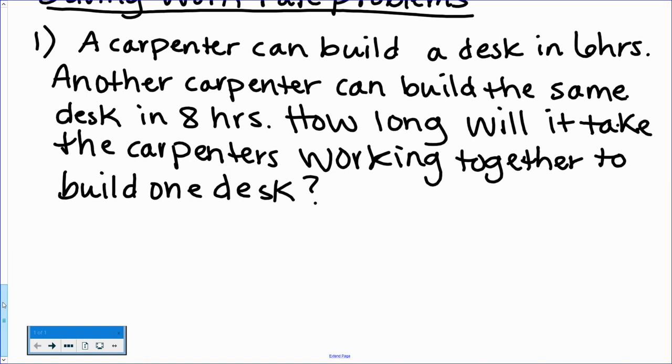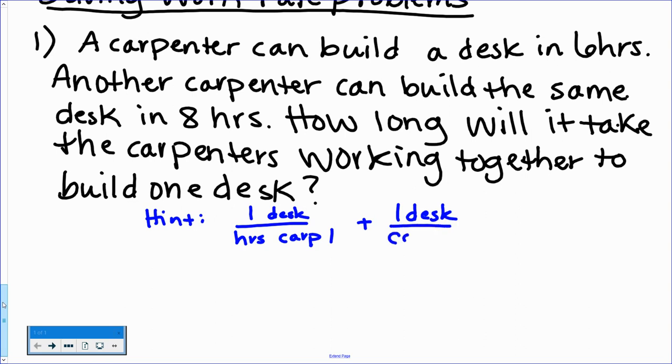So your little hint or your common setup every time, well, we have that one desk, and then this would be the hours that it would take one of the carpenters. And we need to add it together with the other carpenter who puts that one desk together. And then we're trying to find out if they're just putting one desk, how long would it take them together?